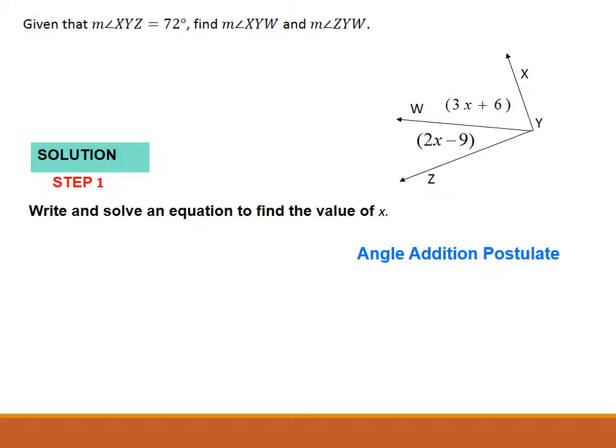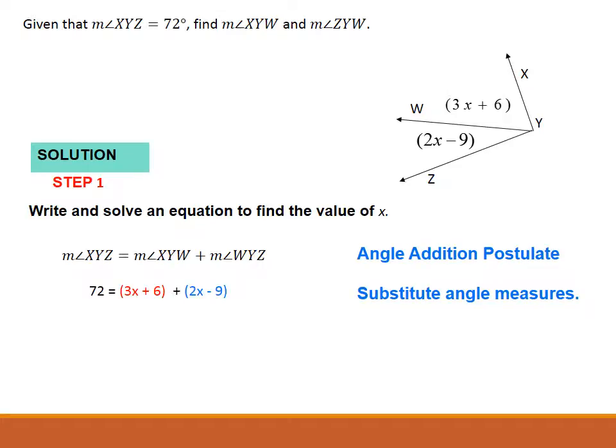So using angle addition postulate, we set up our equation. Measurement angle XYZ, the larger, equals measurement angle XYW plus measurement angle WYZ. Now we're going to go ahead and substitute the numbers in. So we get 72 equals 3x plus 6 plus 2x minus 9. Now we just solve algebraically.